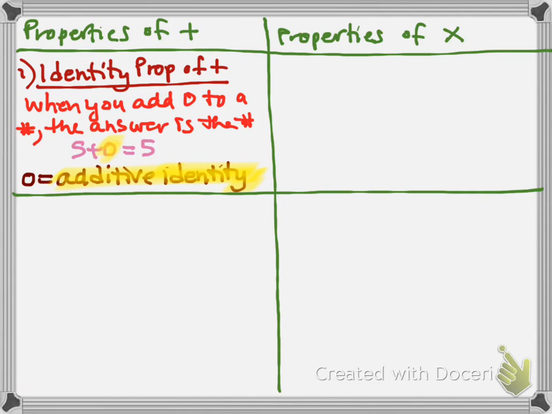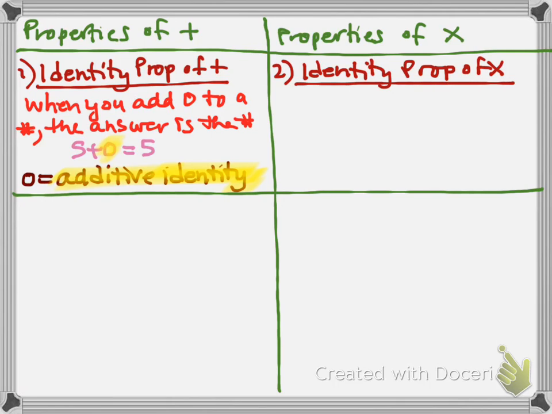Now we have on the other side, its partner, the identity property of multiplication. So now we're going to talk about when you multiply by a number, we get the same value. So what number can we multiply by and always get the same number we started with? Marlene? 1.